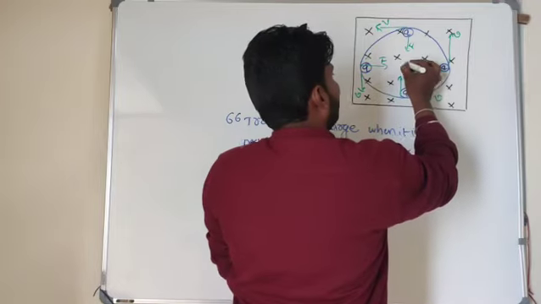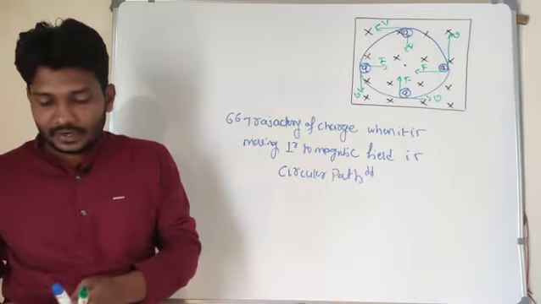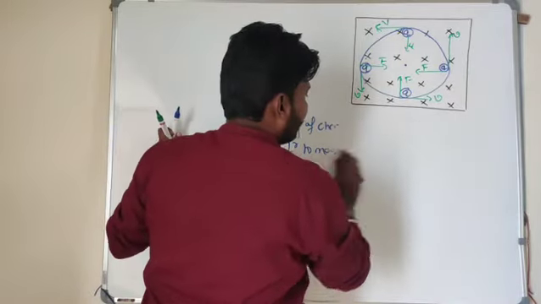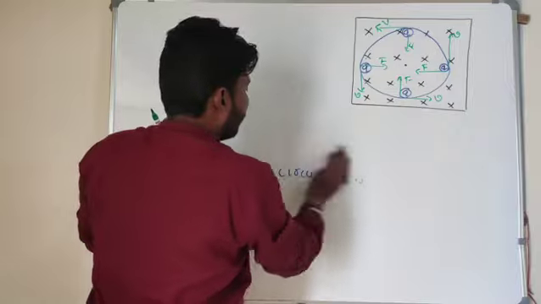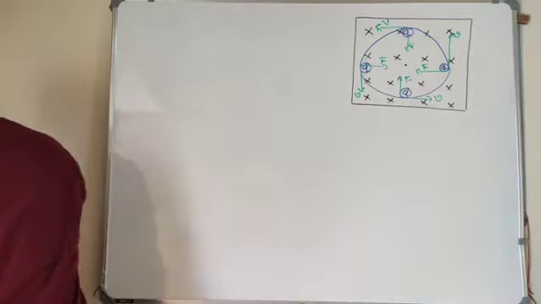Look at here. I said that when the charged particle is moving perpendicular to the magnetic field, then the charged particle is moving in a circular path. If it is moving along a circular path, what is the equation for the radius of the circular path here?